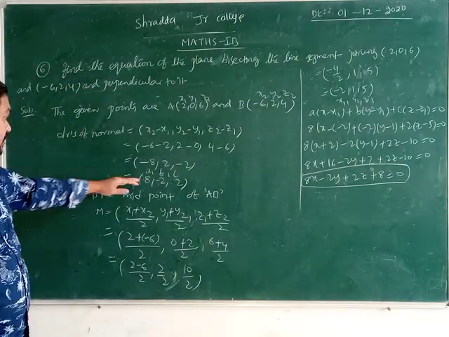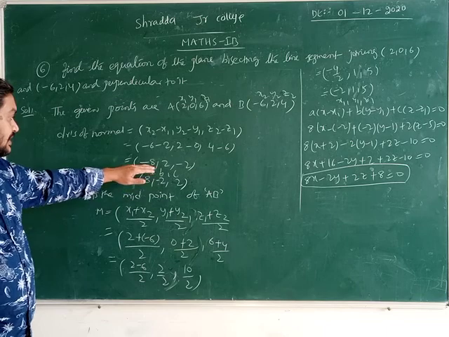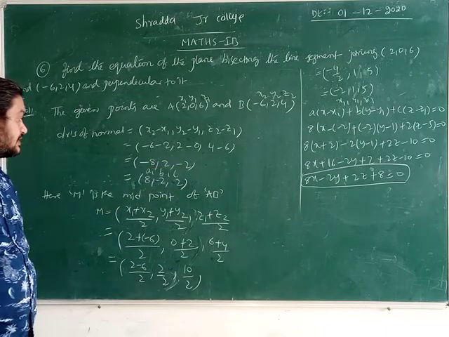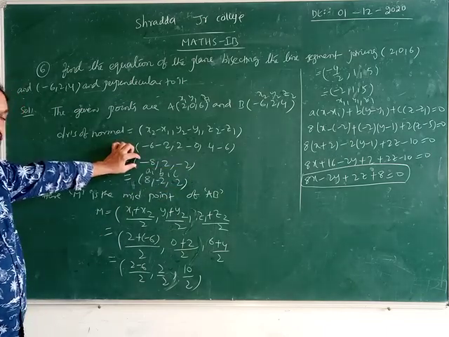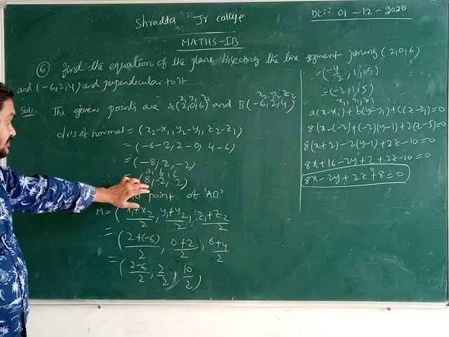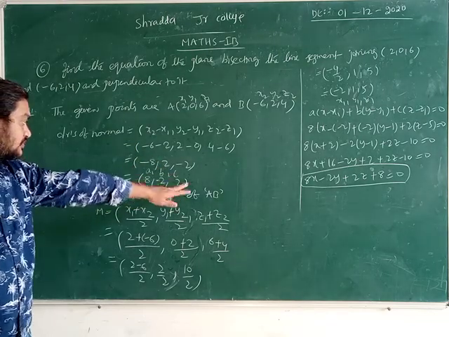So we get minus 8, 2, minus 2. This is multiplied by minus, giving 8, minus 2, 2.